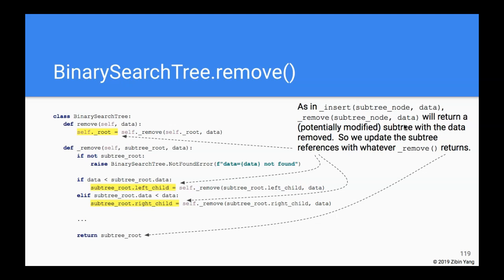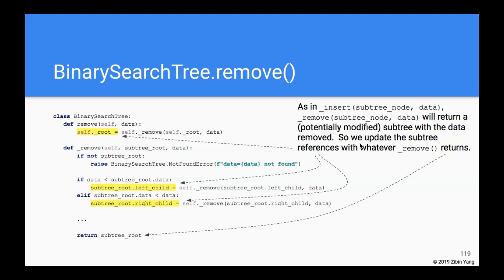When we return a subtree, we always mean returning the root node of the subtree. That root node, most of the time, is probably the same root node that we start with. There are going to be cases where the root node changes, for example, if the root node is the node that actually contains the data to be removed, so that root node would in that case be removed and be replaced by something else.